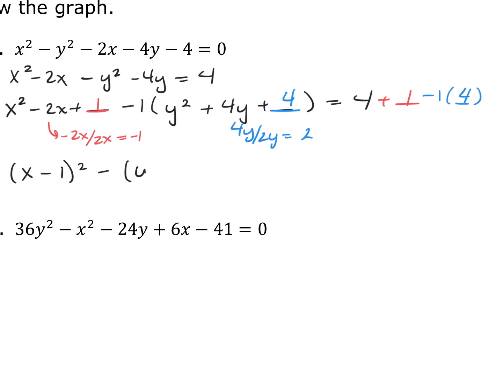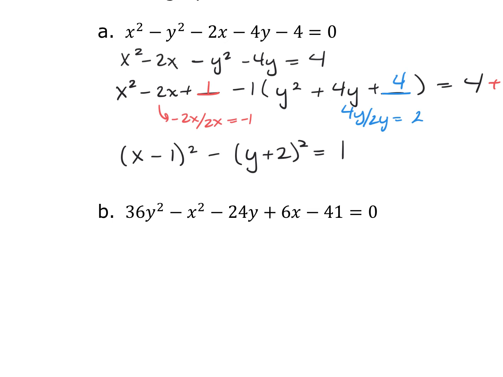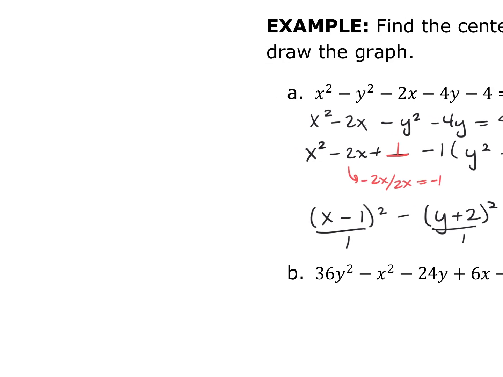So I end up with y plus 2, the quantity squared, and this equals 1. Now this is already in the standard form, and I can write it over 1, absolutely. So now I'm ready to do the graph.